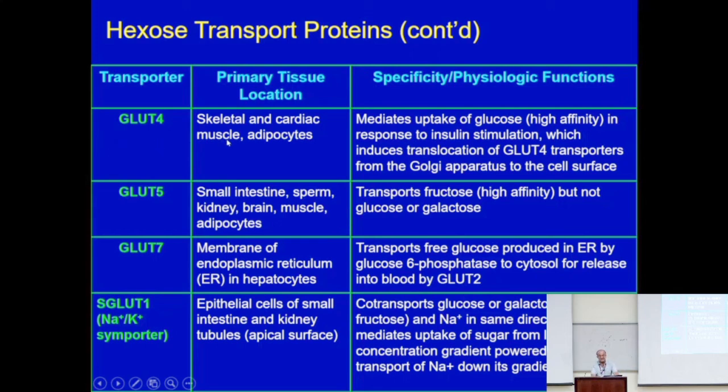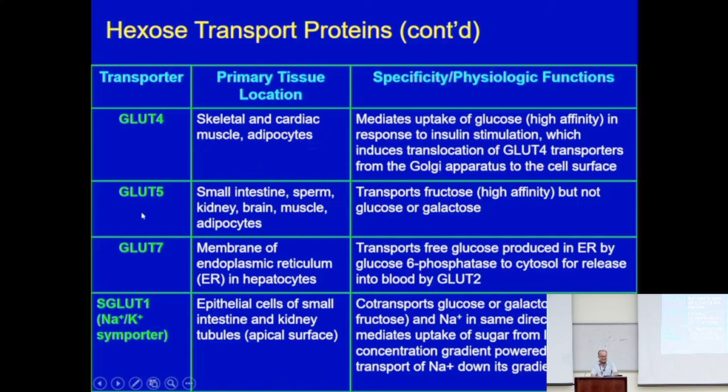So these tissues then are able to pick up more glucose from the bloodstream. Okay? So that's a very important transporter. As a matter of fact, it's a target for therapies for diabetes. That's how important it is. One of the targets.